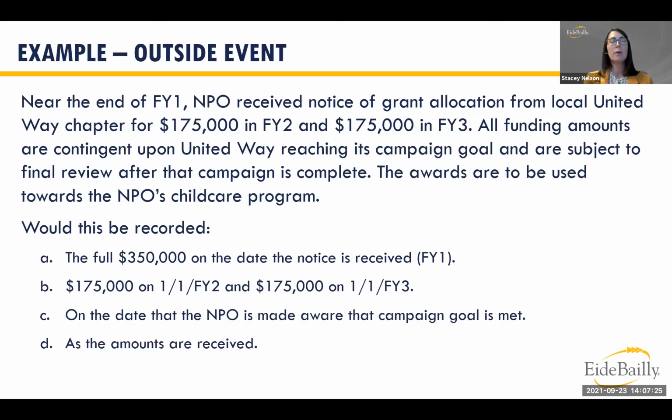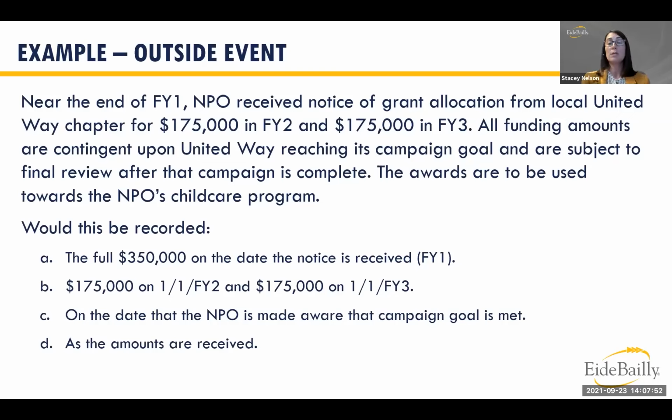All right, here we have an example of an outside event. Near the end of fiscal year 1, our nonprofit received notice of a grant allocation from their local United Way chapter for $175,000 in fiscal year 2 and $175,000 in fiscal year 3. All of the funding amounts are contingent upon United Way reaching its campaign goal and are subject to final review after that campaign is complete.